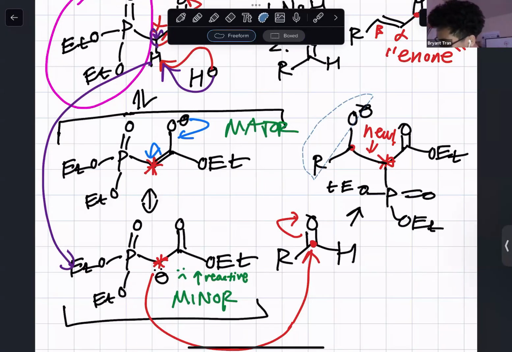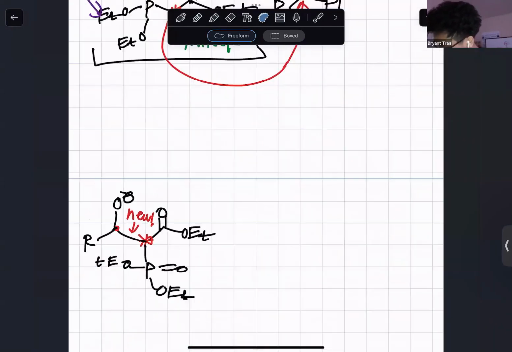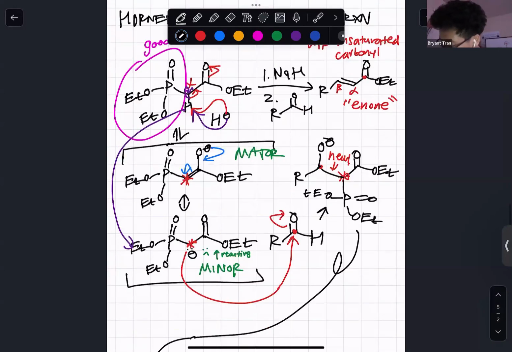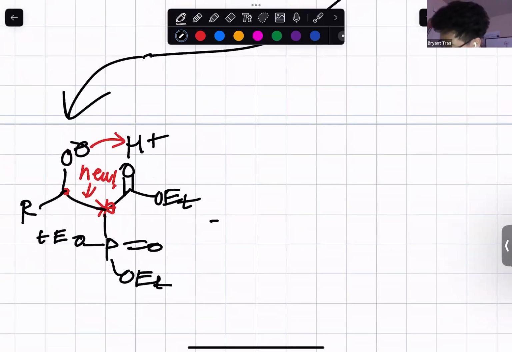Now I'm going to rewrite this down here because I need more space to complete the mechanism. From this intermediate, the next step is to protonate the O minus with some proton source, like H plus floating around somewhere, to become a neutral OH.